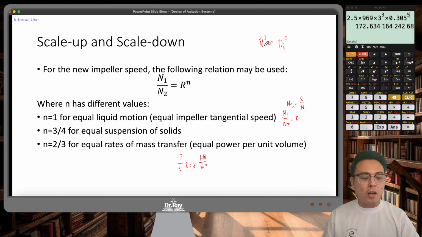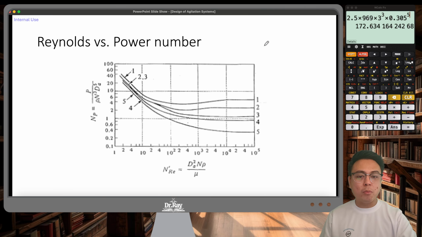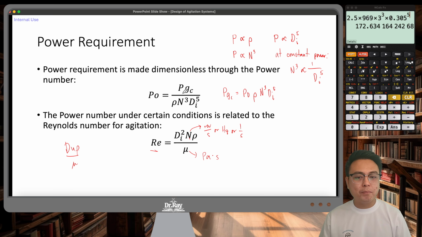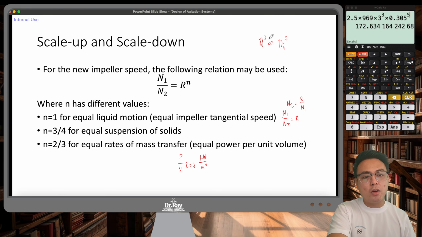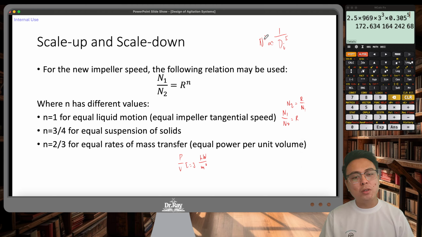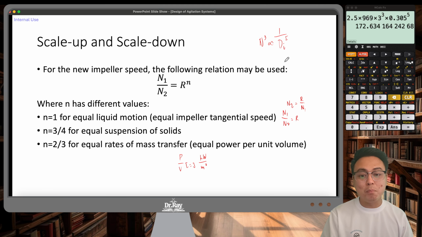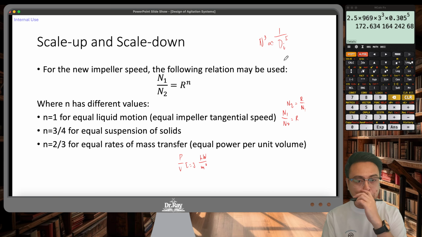This is coming from the power number, as you remember. They're inversely proportional. The cube of impeller speed is inversely proportional to the fifth power of the impeller diameter. Okay.